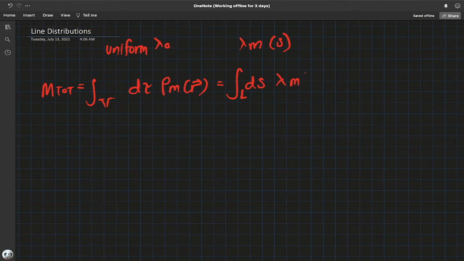of the linear mass density function, which is again a scalar field, no vectors here. So consider some sort of parabolic curve in z is equal to 0 plane.